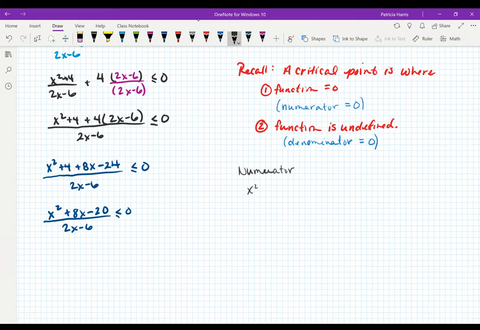So x squared plus 8x minus 20 is equal to 0. Okay, that very nicely factors. I need to think of two numbers that multiply to negative 20 but add to give me positive 8. So that would be 10 and negative 2.